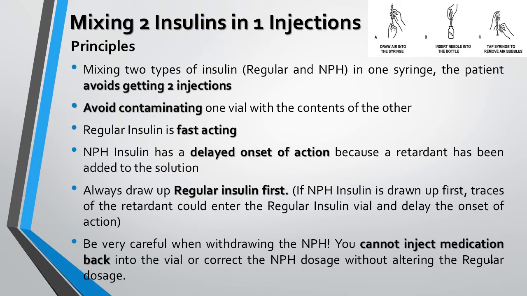Invert the vial and withdraw some regular insulin. Withdraw the needle. Insert the same needle containing regular insulin into the NPH vial and carefully withdraw some units of NPH insulin. Administer the insulin. Wash hands and properly dispose of the syringe.